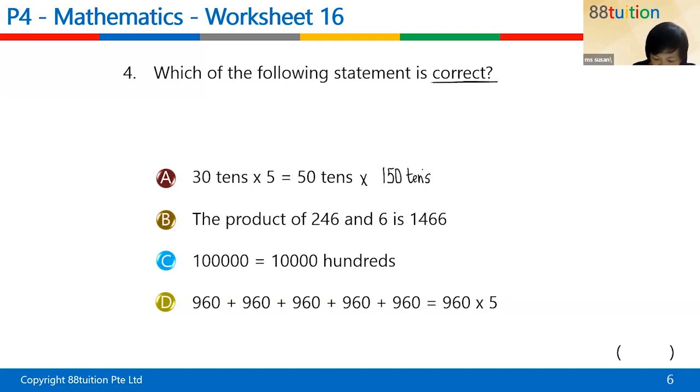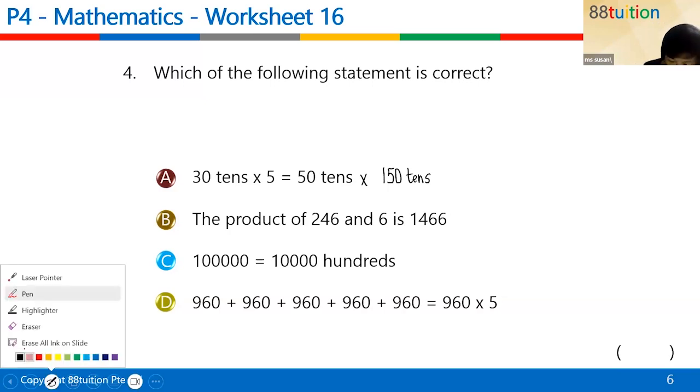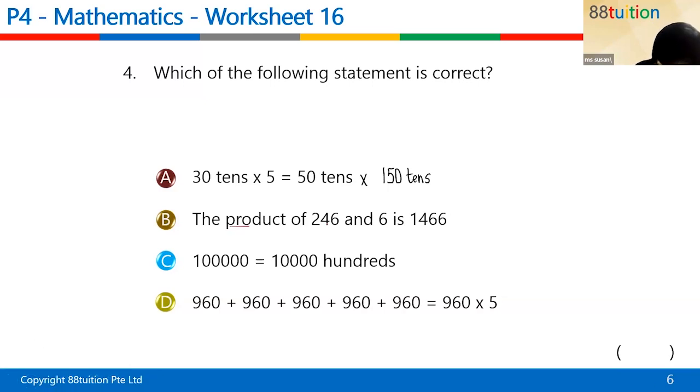So number B, the product. Let's check it out. See whether this helps in understanding. So this is 36, 27, 20.